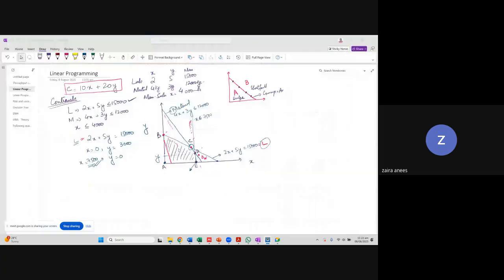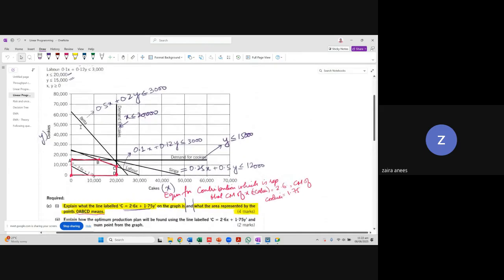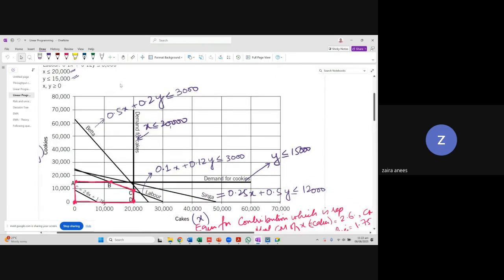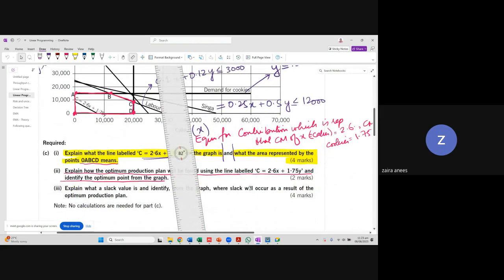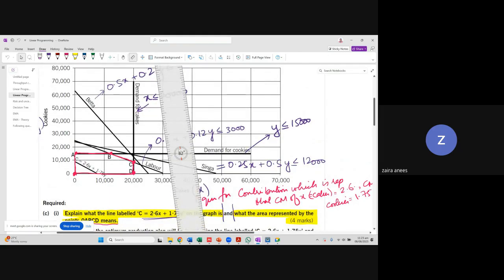So let's bring our scale, because the examiner is saying that you have to use this line, right? You cannot go for the points option.